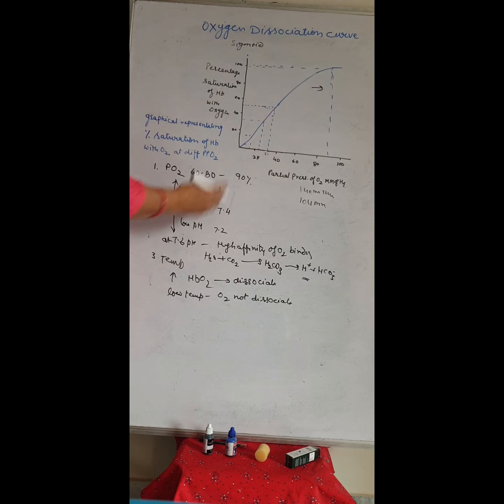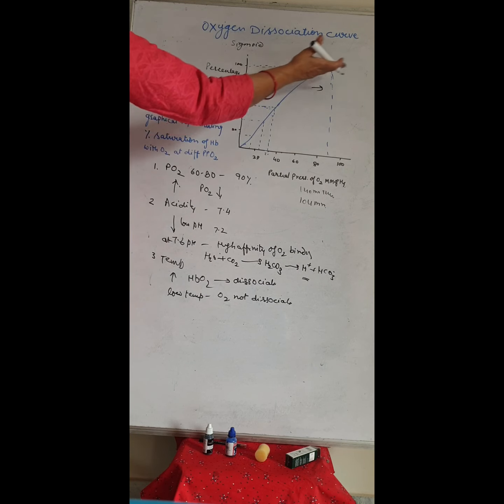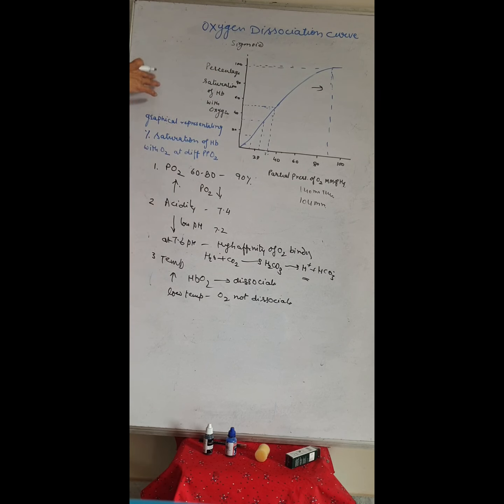In the starting it increases more, and at higher pressure it becomes horizontal, with less increase. Here we discuss the PO2 and the carbon dioxide, PCO2. With an increase in the partial pressure of carbon dioxide, the curve bends towards the right side.